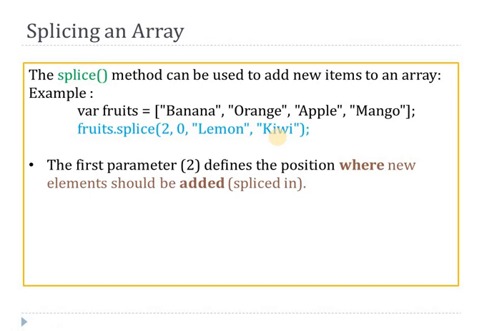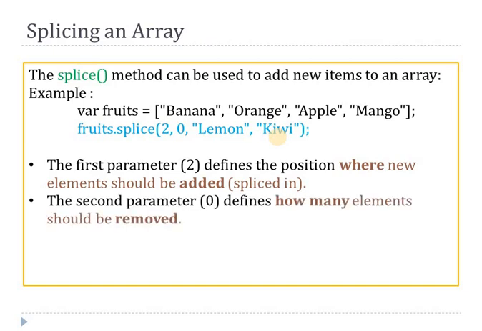For example, the first parameter passed is 2, which defines the position where the new element should be added. So the new element should be added at index 2. After that, the second parameter defines how many elements should be removed. Over here 0 is the second argument, that means 0 elements will be removed.